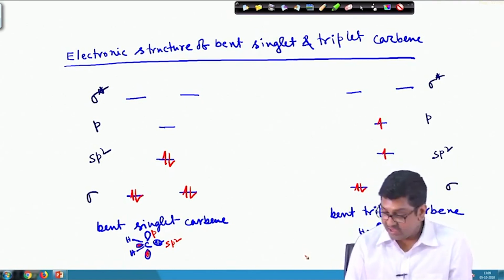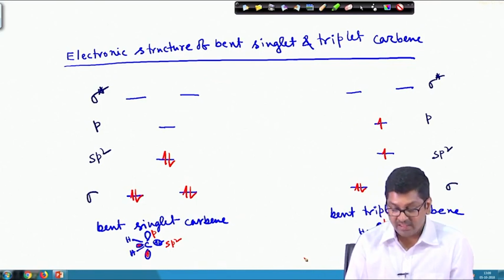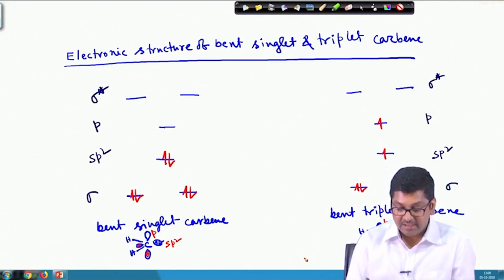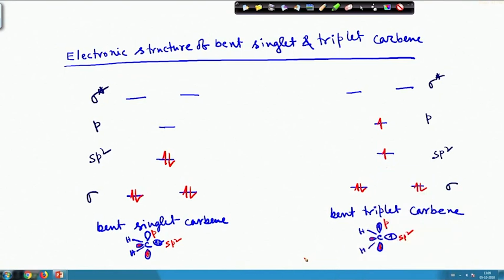So, this is the bent triplet carbene, and its orbitals are filled in this way. These are their electronic structures, and these guide how they will behave. Next, these are for the bent singlet and triplet carbene.